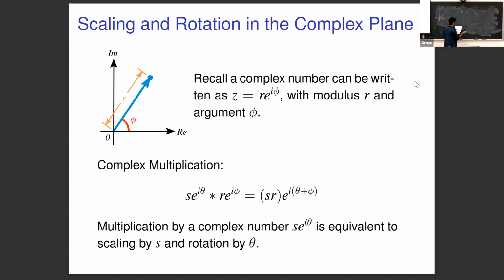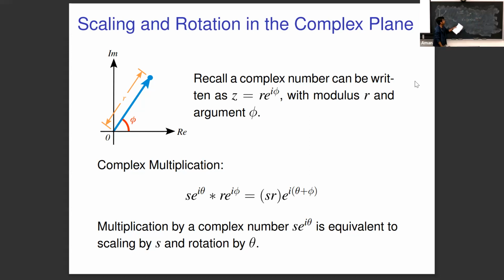If you recall complex multiplication, if we multiply the z by a factor of s times e to the power i theta, what will happen is that you will get a new point z prime, which is equal to s times r times e to the power i theta plus phi, right?